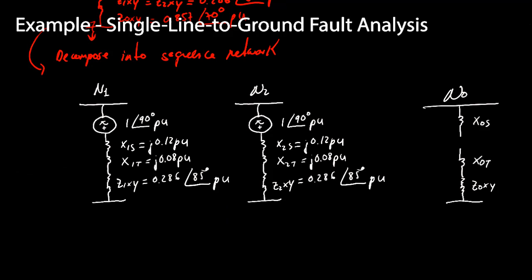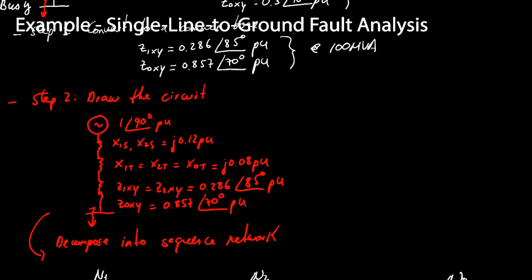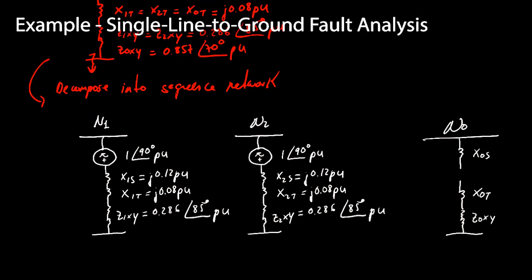But because we have a delta connection on the high side of the transformer, that blocks the flow of zero sequence currents. So in our zero sequence network, we essentially have an open circuit over here such that the zero sequence system impedance basically doesn't come into play. So we essentially have a straight connection from here to here, and we ignore the zero sequence system impedance.